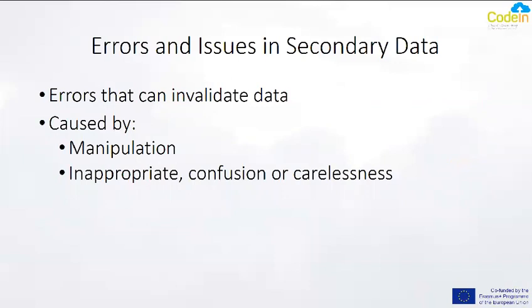About inappropriateness, confusion, or carelessness. Sometimes organizations might collect, organize, and distribute data without correctly specifying the particulars of the collection process or assembly procedures, or the organization may not care about data quality or validity, or the organization staff may not know how to collect data.